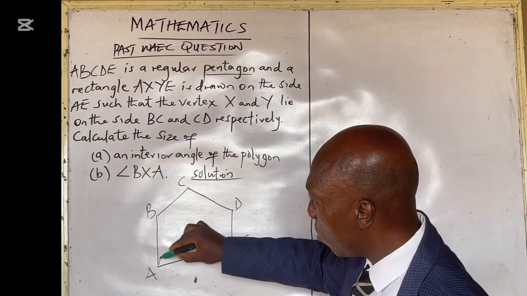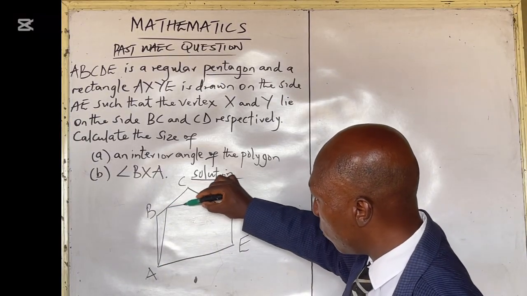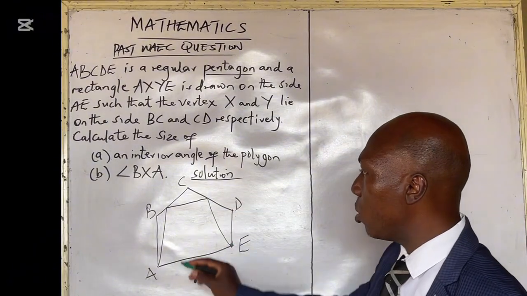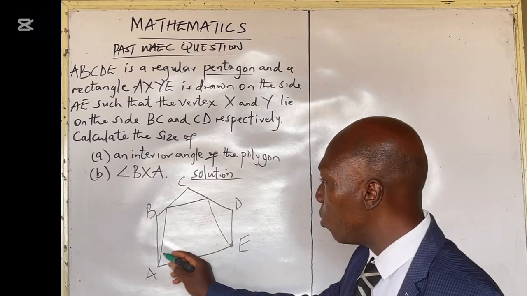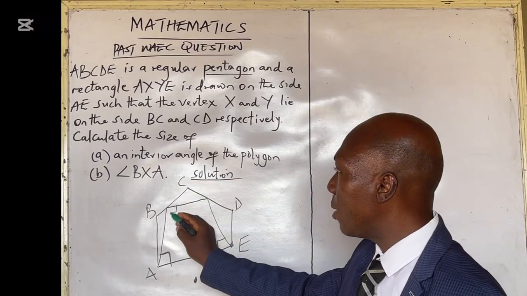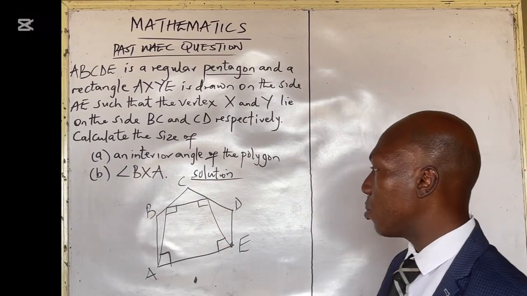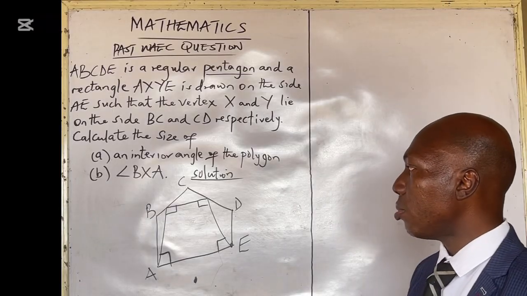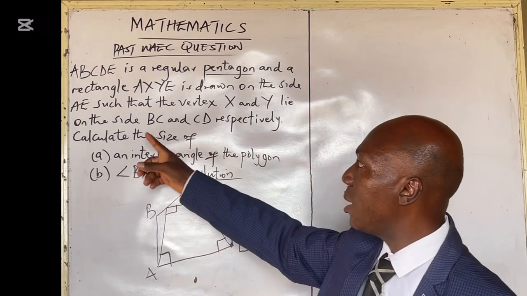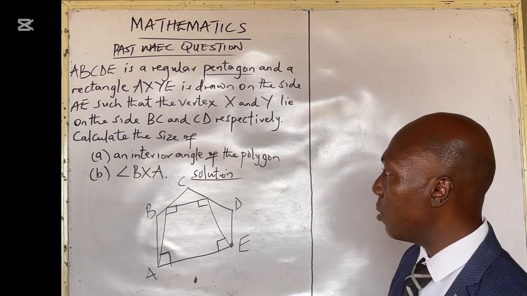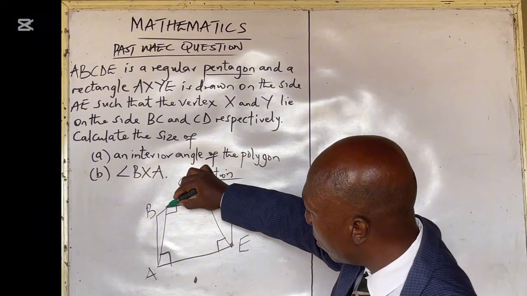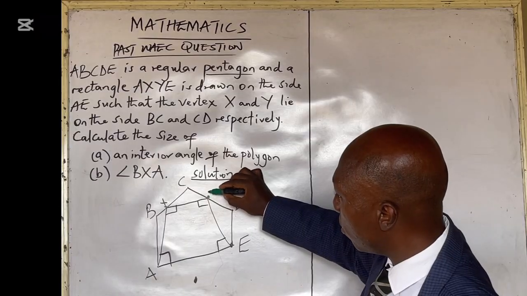We know that in the rectangle each of these angles is 90 degrees. So we have AE, and we're told that X and Y lie on the side BC and CD respectively. So this place is X, this place is Y.